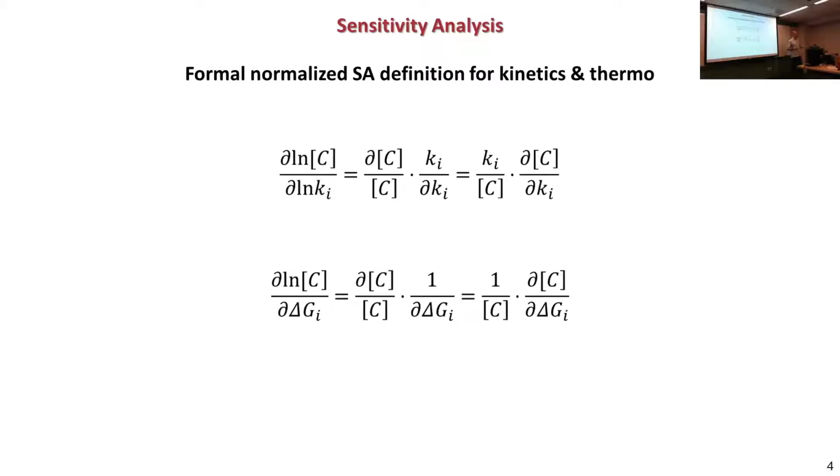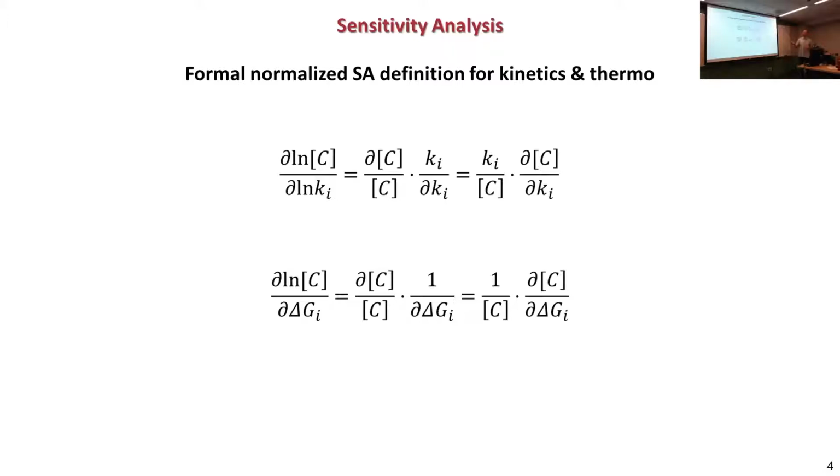So for species A, we have a concentration of 10 something, and I just changed it and added 5, so it's a 50% change. For species B, the concentration was 100, I added 5%, so species B is less sensitive. It changed by just much less, relatively, to species A. So species A would be more sensitive to a change in that rate.